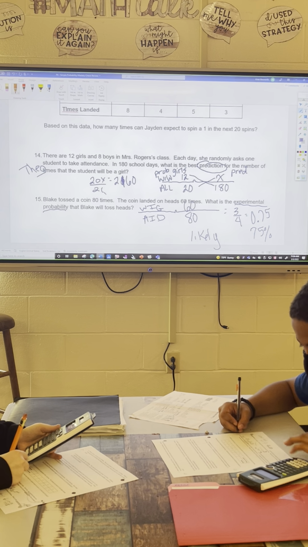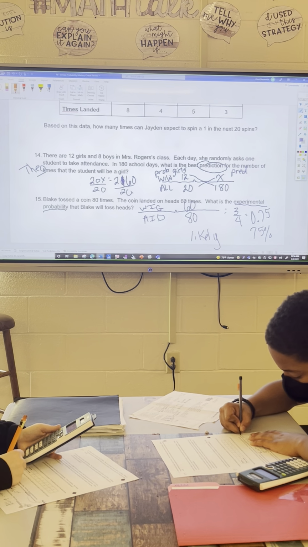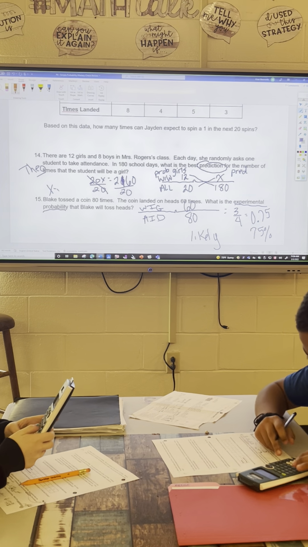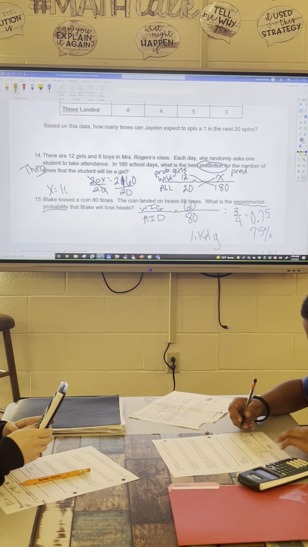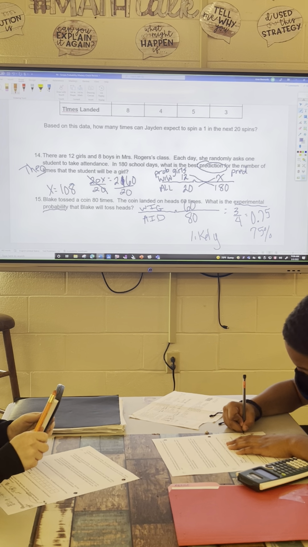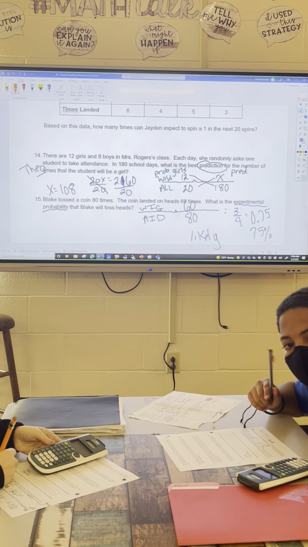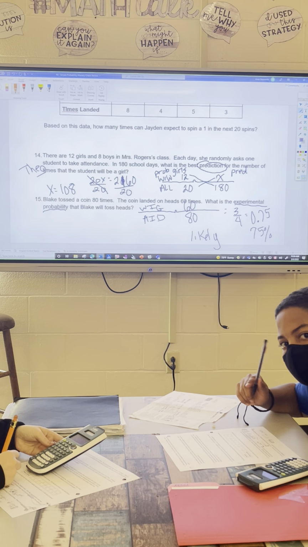Divide both sides by 20. And what do we get? 108. So, out of 180 days, Miss Rogers should get a girl 108 times.